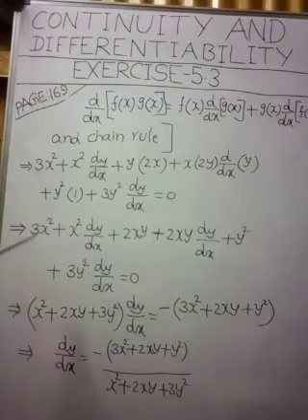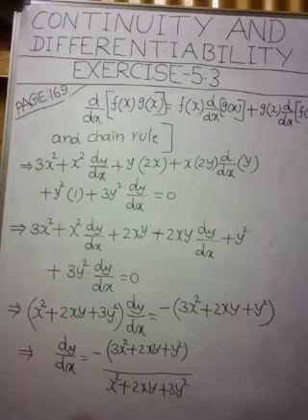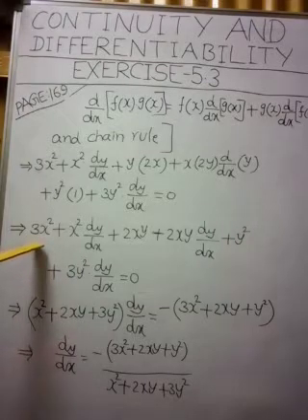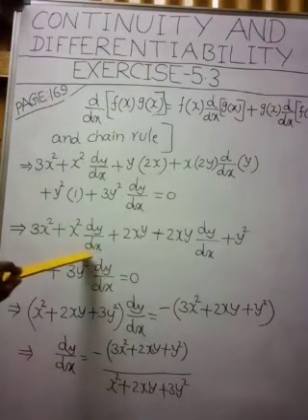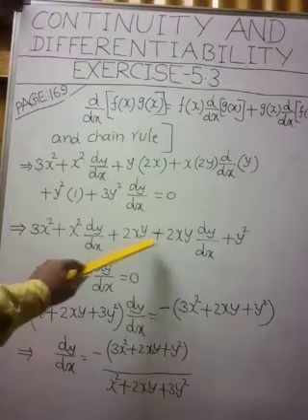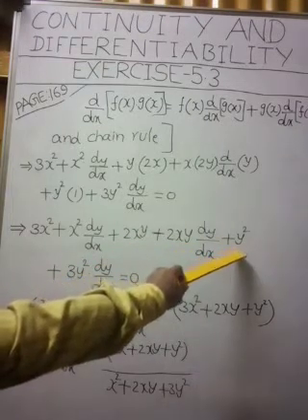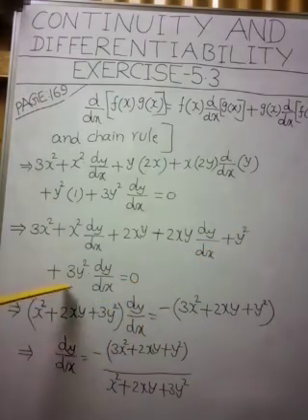Right. Now we are separating all the terms which are having dy by dx and all the terms which are not having dy by dx. See, in this first term, is there dy by dx? There is no dy by dx. In the second term, there is dy by dx. In the third term, there is no dy by dx. In the fourth term, there is dy by dx. In the fifth term, there is no dy by dx. In the sixth term, dy by dx is there.